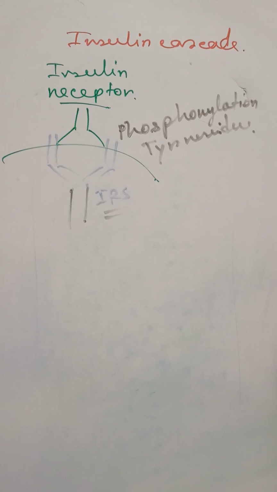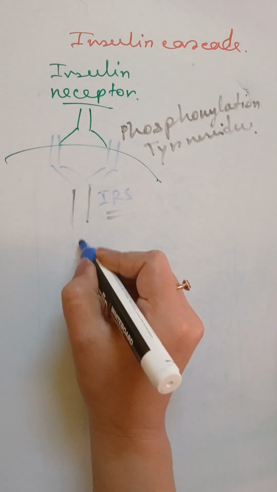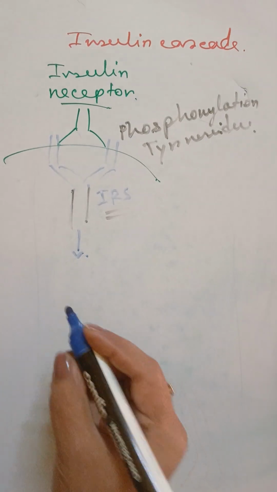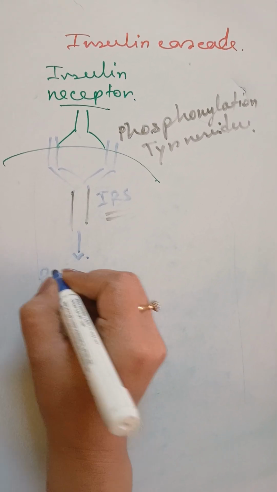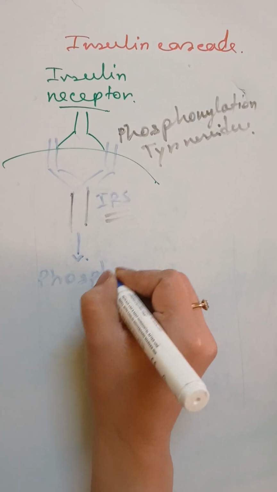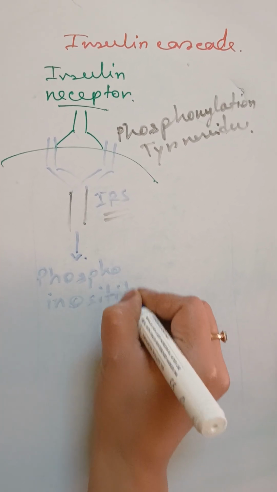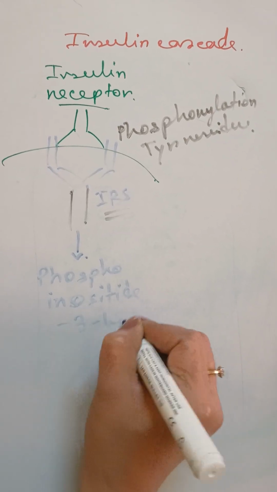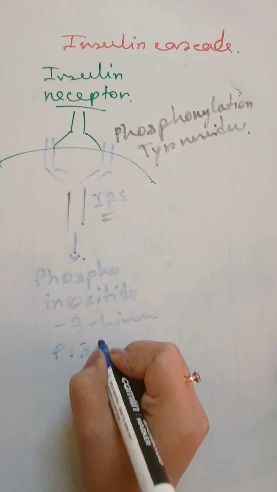Whenever IRS becomes activated, it will further communicate with a protein kinase known as phosphoinositide 3 kinase, or PI3K.